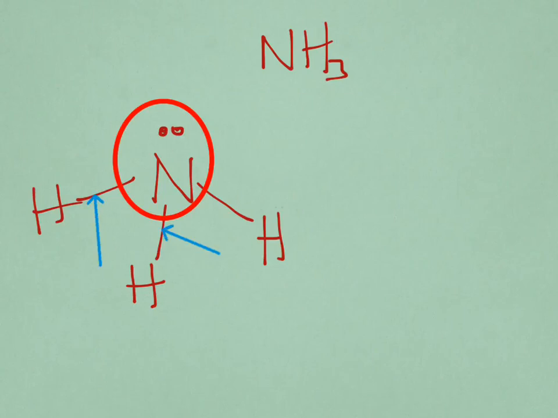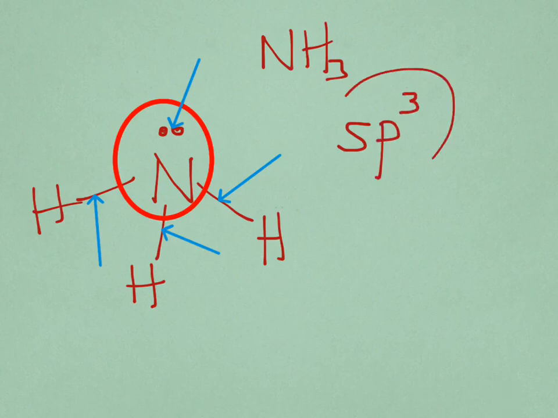Well, bonded pair, bonded pair, bonded pair, lone pair. The lone pair counts. Make sure to count those lone pairs that are sitting on that central atom that you're trying to find the hybridization of. So, if there's 4 total, then we know it's 1 from s, and how many? That's right, 3 from p.